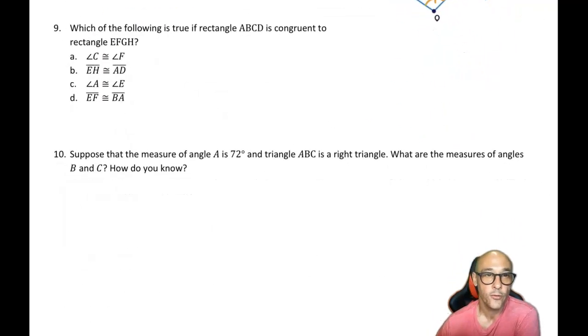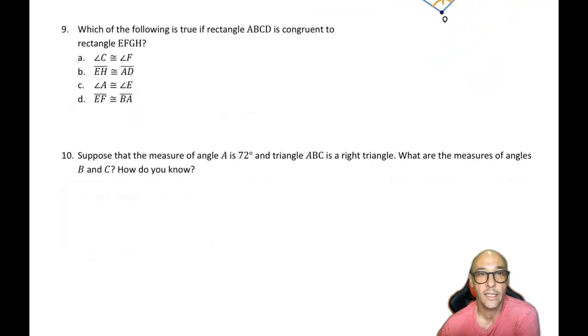Which of the following is true if rectangle ABCD is congruent to rectangle EFGH? What's really key here is that the parts are corresponding.